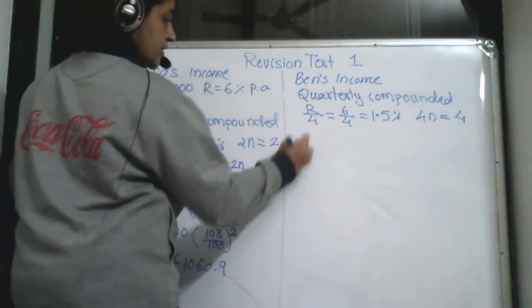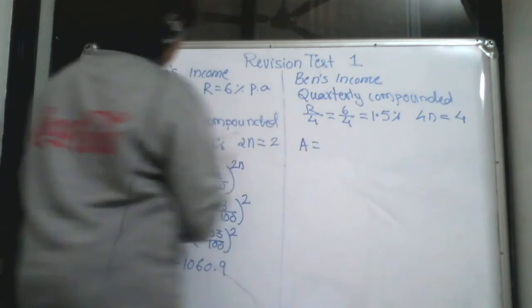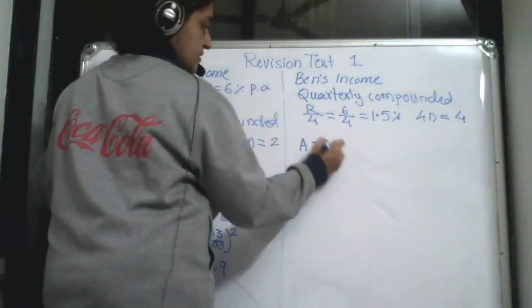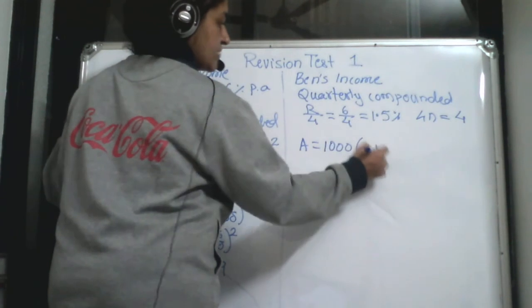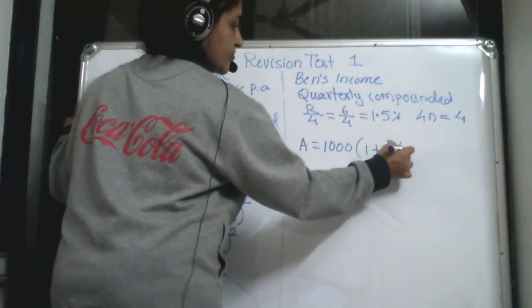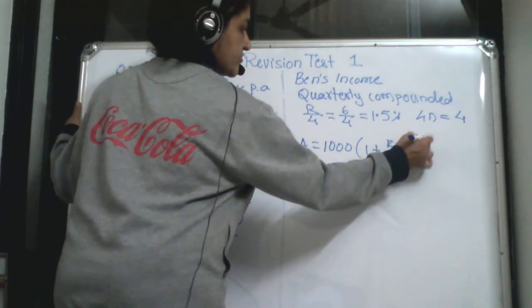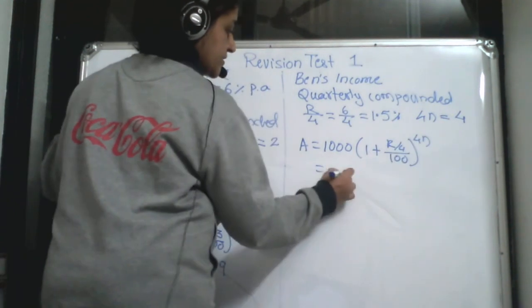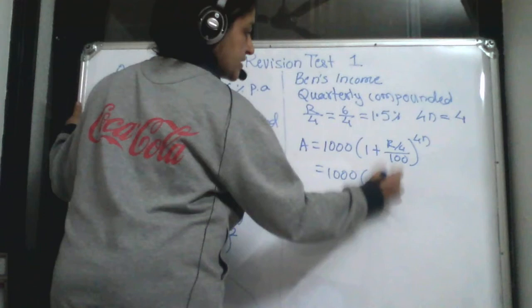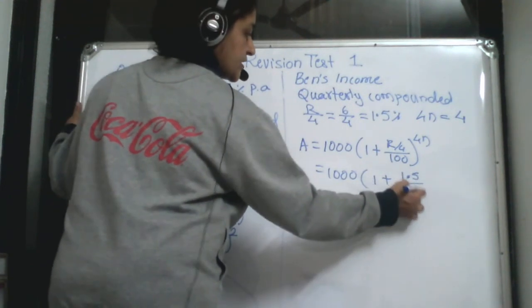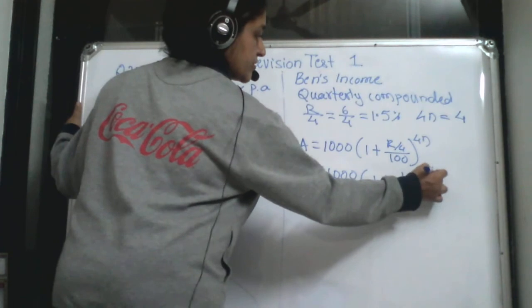So now A is equal to, we have the formula, so I am not writing it again, otherwise you should be writing it. 1000 into bracket 1 plus r upon 4, to the power 4n. So what will happen here is 1000 into bracket 1 plus 1.5 upon 100 raised to the power 4.